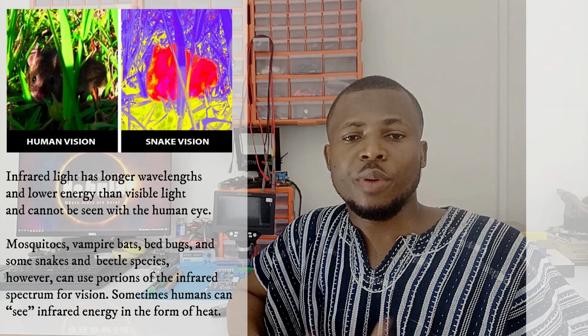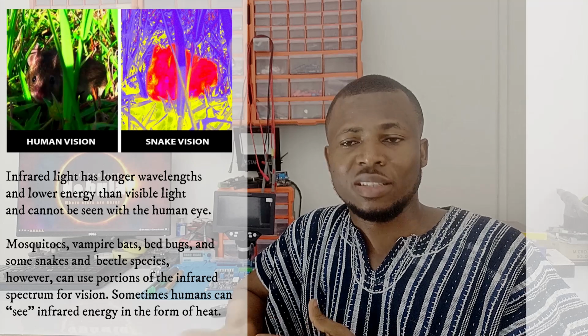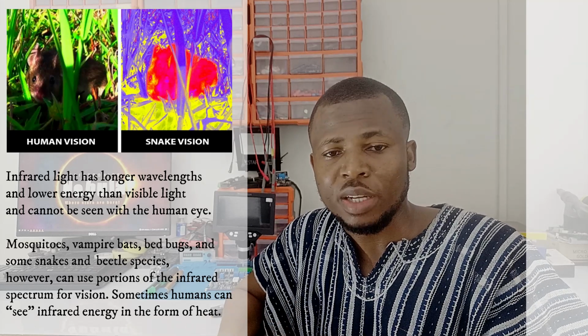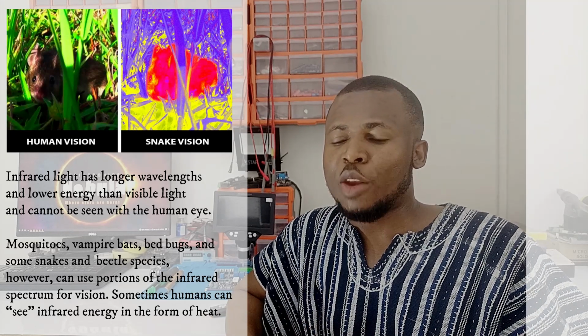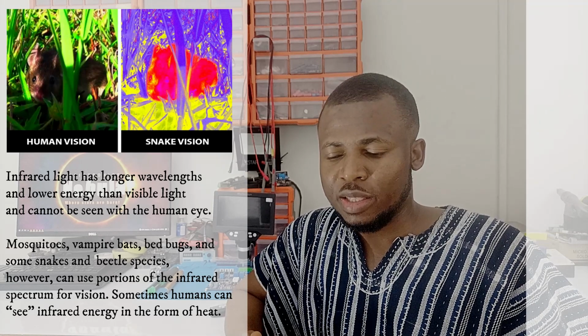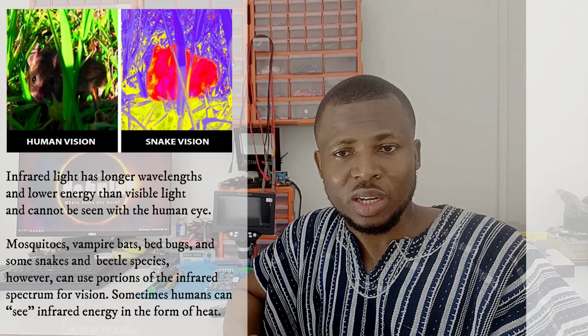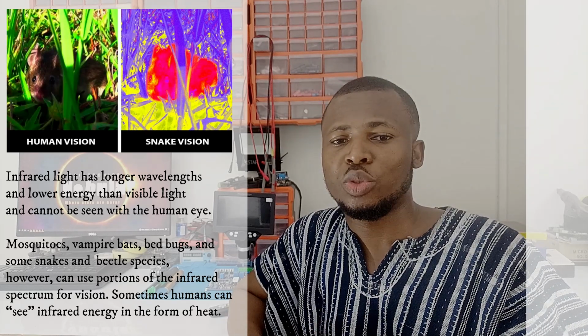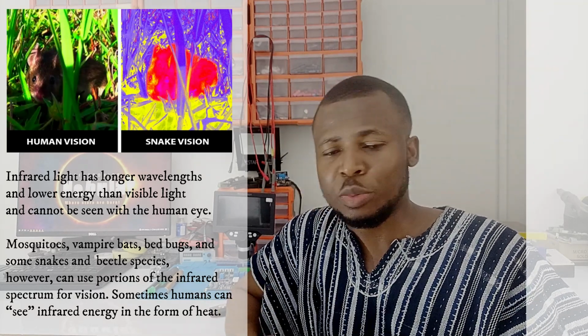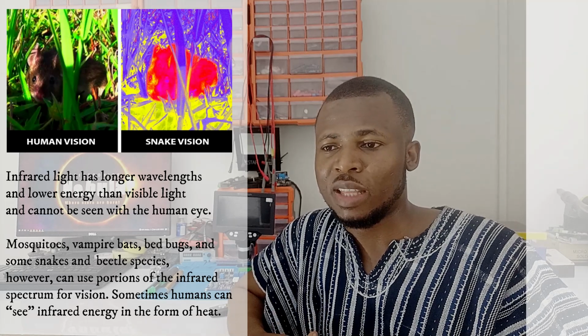And infrared happens to be an example of thermal radiation. Hence, if an object emits the right wavelength of infrared, which the animal can see, then the animal will be able to see that there is an object there, irrespective of the fact that there is no visible light.